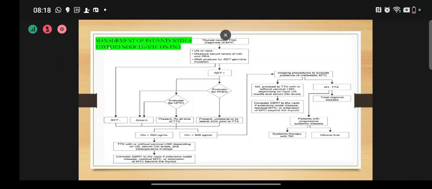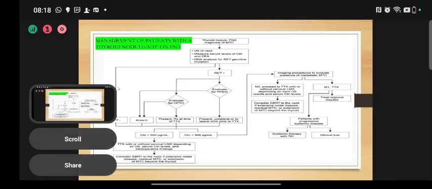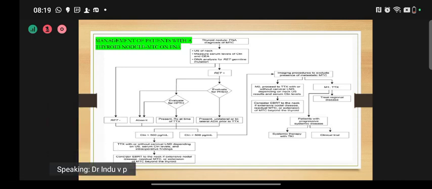So about the management of patients coming with an FNA diagnosis of medullary thyroid cancer, after doing all the evaluation, if the RET is negative, we should look at the calcitonin value, and if it is less than 500, we can go for a total thyroidectomy, and neck dissection can be planned based on the ultrasound features or intraoperative findings.